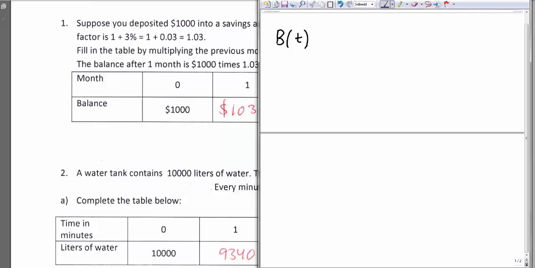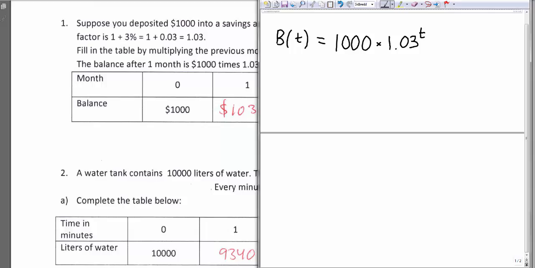So the function capital B of t is equal to, and we just use 1,000, which is the initial amount, times 1.03, which is the factor, the growth factor in this, since it's increasing, to the power of t.